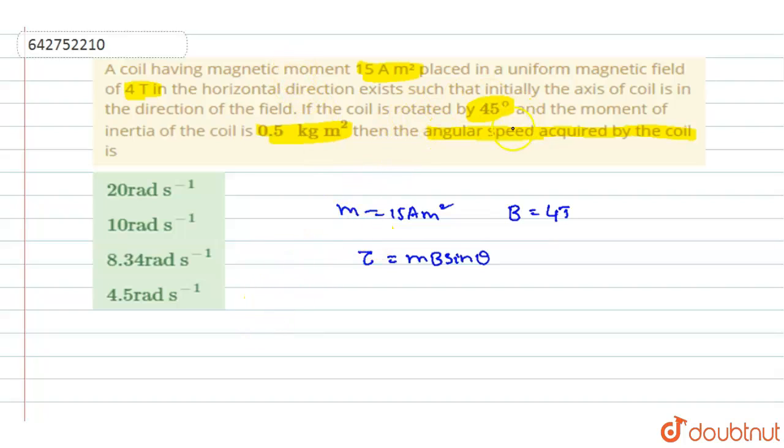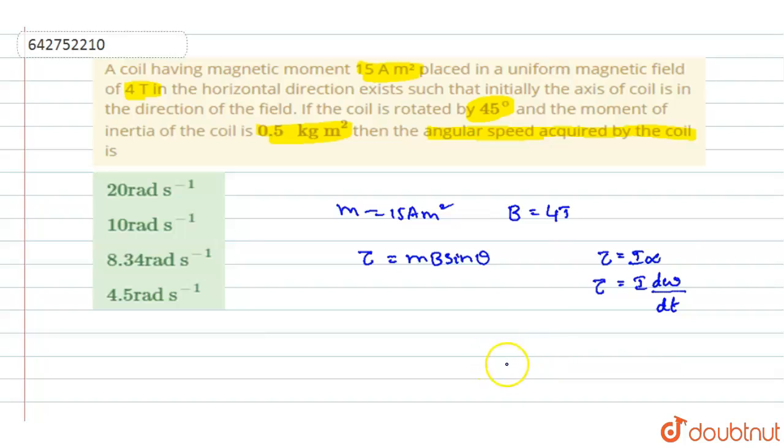But when the coil is rotated, there will be one more torque additional to that, due to an external force which is applied, and that torque we call tau is equal to I alpha. Alpha is the angular acceleration, I is the moment of inertia. So tau you can even write as I into d omega by dt, since alpha is angular acceleration, written in terms of angular velocity.